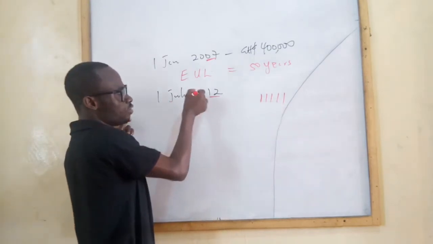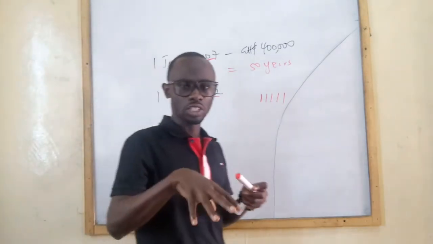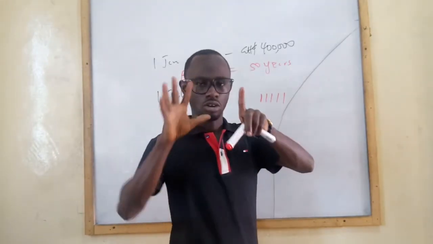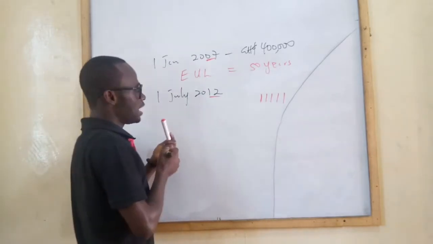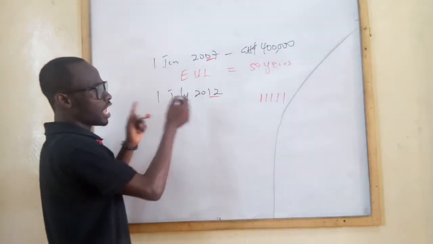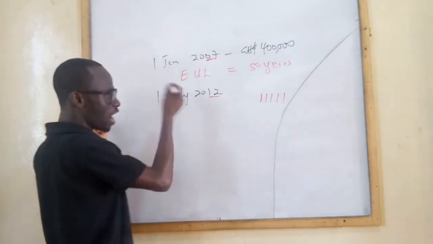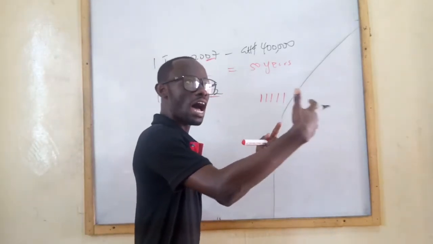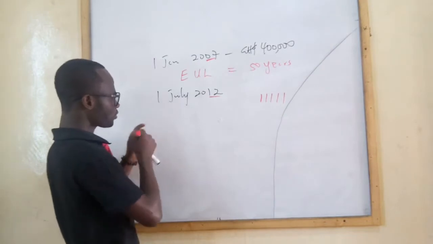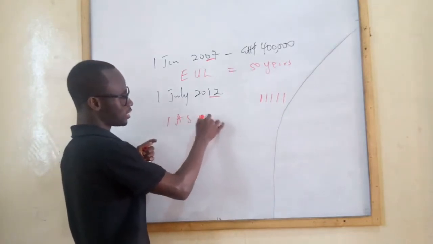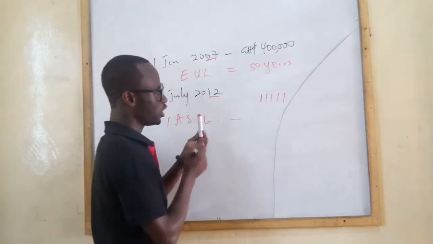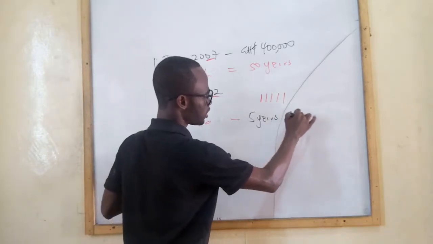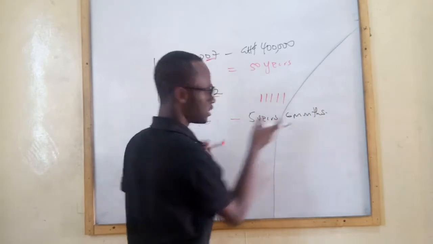Then in 2012, up to July, we used the asset for January, February, March, April, May, June. So the number of years the asset was used under IAS 16 is 5 years, 6 months.